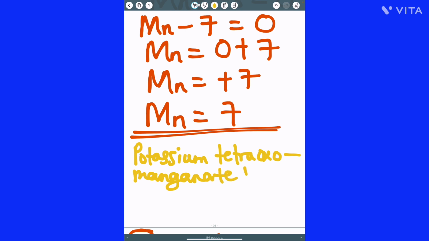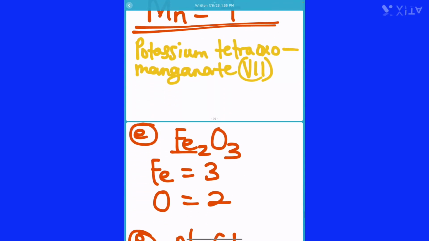Potassium tetraoxomanganate 7, meaning a potassium compound that has 4 oxygens, tetraoxo, and in which the manganate ion is charged 7+. So you will get to more of that later.